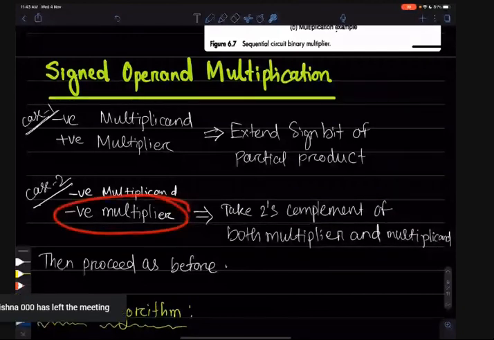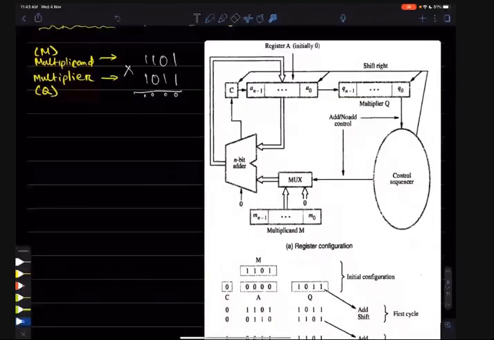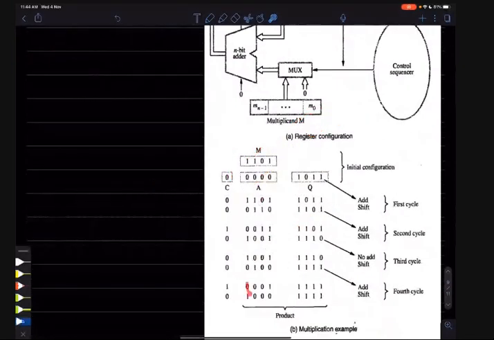Whenever the multiplier is negative, take the 2's complement, and proceed as before. Proceed as before means do the same thing as in the previous case. Then you can do the multiplication of signed numbers.